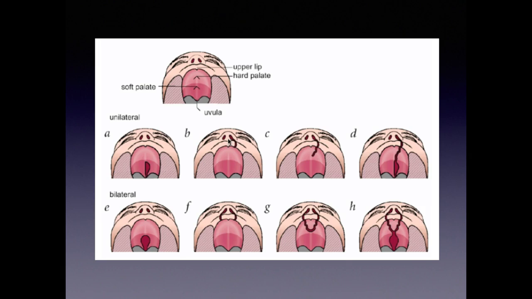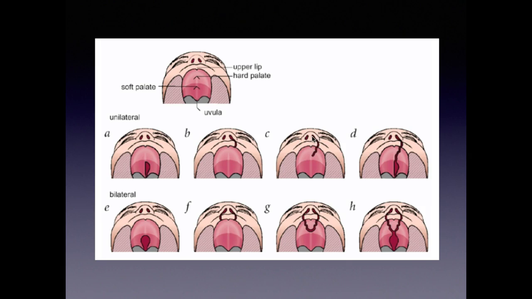Next to that, unilateral cleft lip, and just the lip. So that's where the medial palatine or nasal process doesn't fuse with the maxillary process here. Down and below it, we have a bilateral cleft lip only. So it's on both sides of the philtrum and the anterior lip.